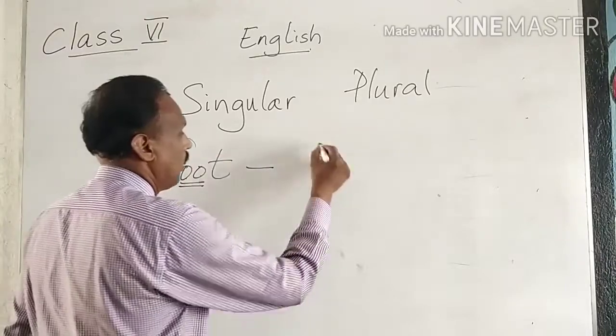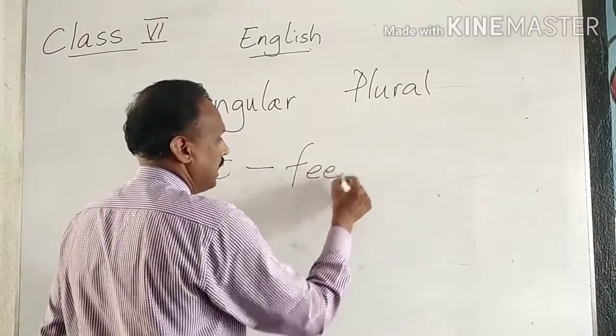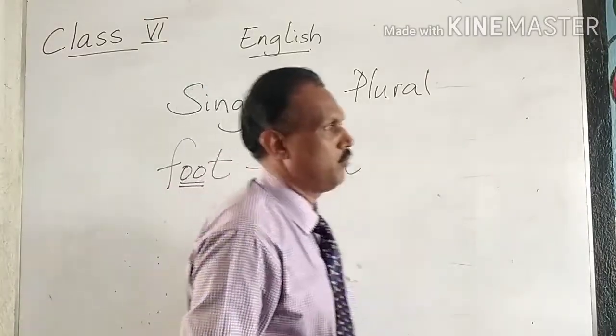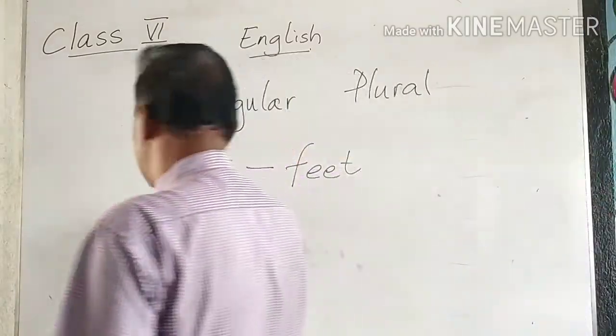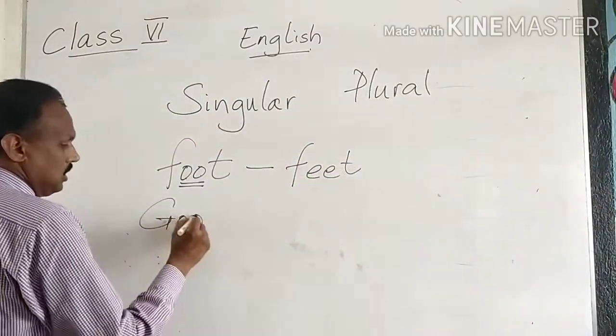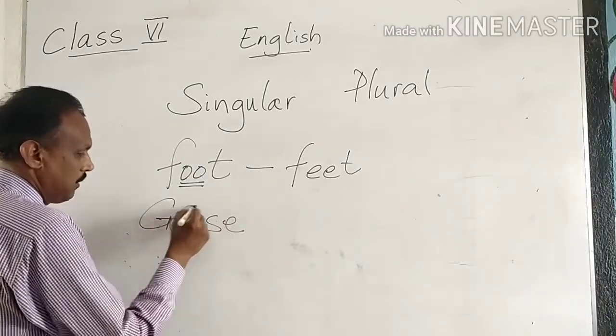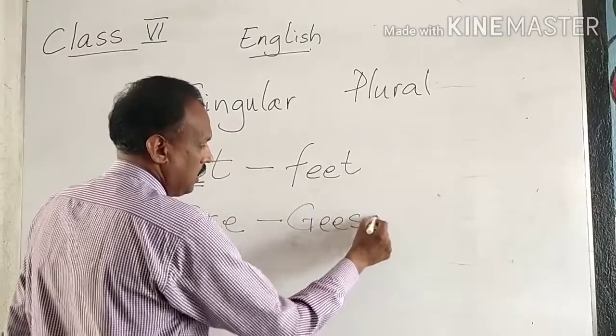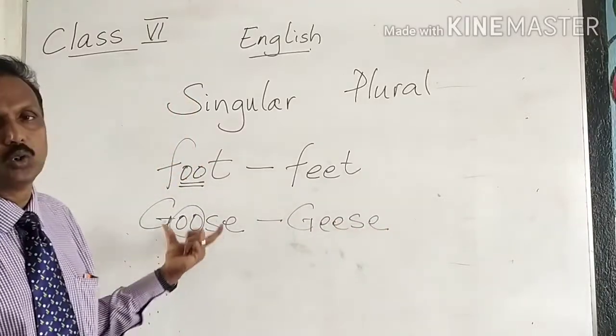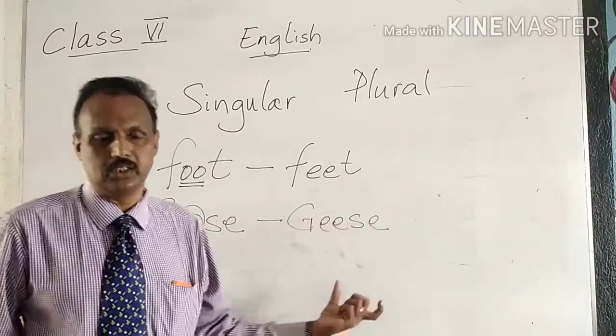This double O will change into double E. So what is the plural of foot? It is feet. And see another one, goose. This double O in the plural will change into double E. So what is the plural of goose? Don't say gooses, it is geese.